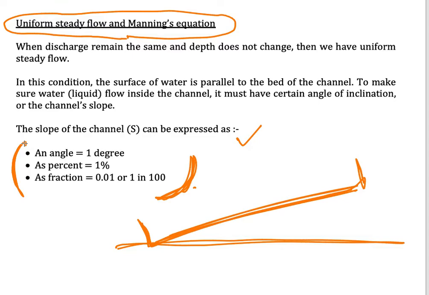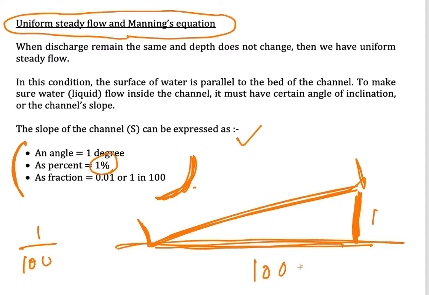First, we express it in terms of degrees, for example the slope is 2 degrees. Another is in terms of percentage. 1% means 1 over 100, so the vertical length is 1 and the horizontal length is 100. Or it can be written as a fraction, for example 0.01 or 1 in 100.